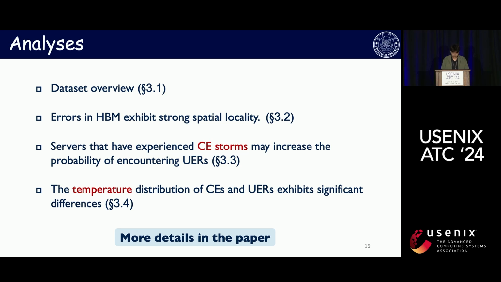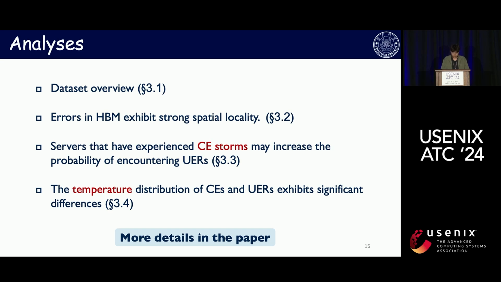Our paper also includes several additional analyses. We present an overview of our dataset, detailing the number of components with errors. We examine the spatial locality of HBM errors and find a clear pattern of locality within the bank.